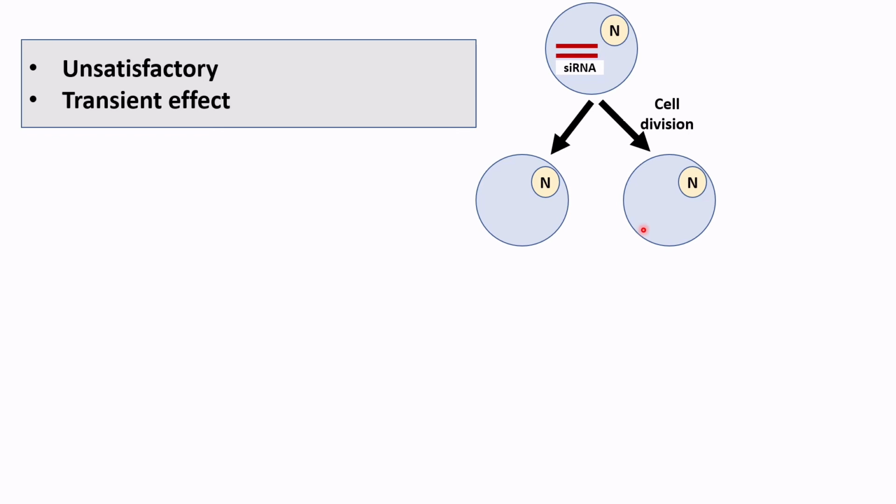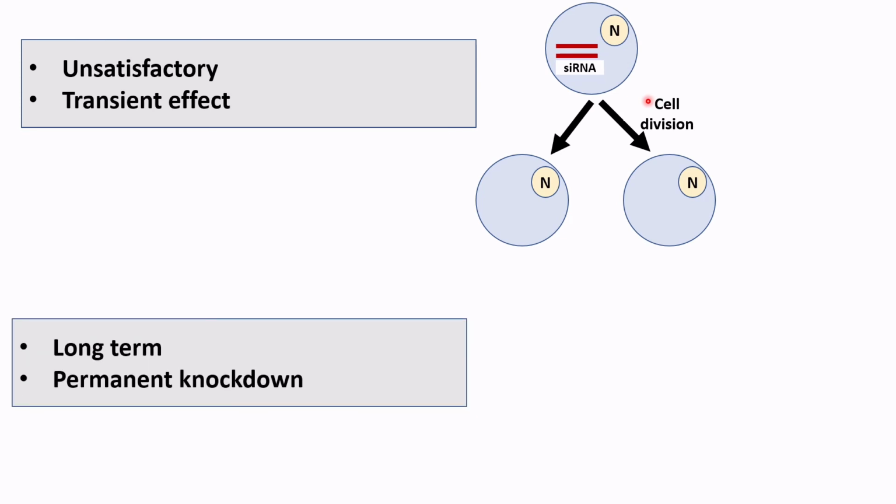So, those new cells will not get them, and in that case, gene silencing will not be possible in progeny cells. Hence, the effect is transient, that is, lasting only for a short time in some particular cells.